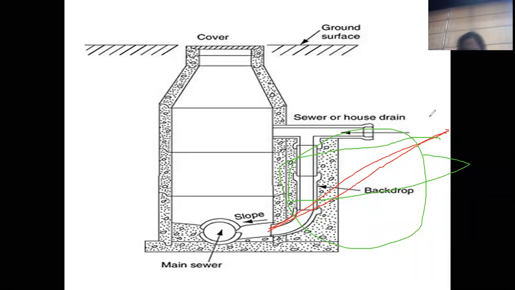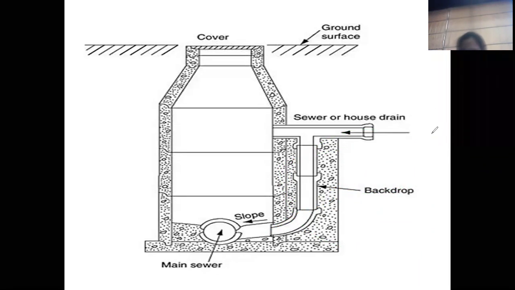Instead, you simply allow the sewage to enter through the branch sewer until you reach the manhole. Once you reach the manhole, you can construct a new line, which will help you to drop down your material at the bottom of the manhole, where the sewer opening is available.